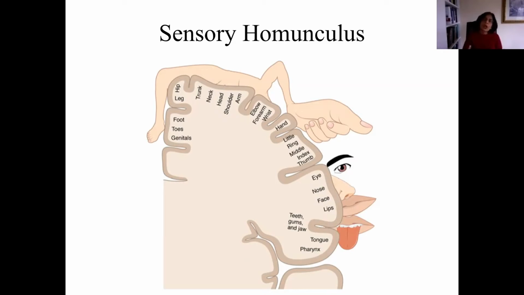All those would occupy a greater amount of the postcentral gyrus or primary somatosensory cortex than the larger parts of the body with fewer sensory receptors. Again, the sensory signals are processed in the opposite side of the body. The left cerebral hemisphere handles the sensory signals from the right side of the body and vice versa.